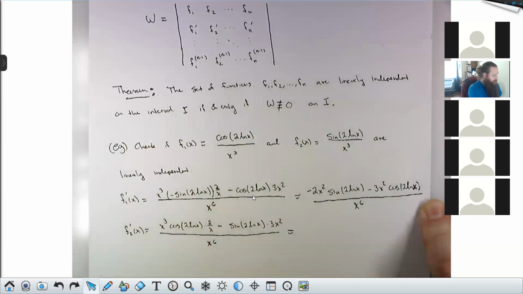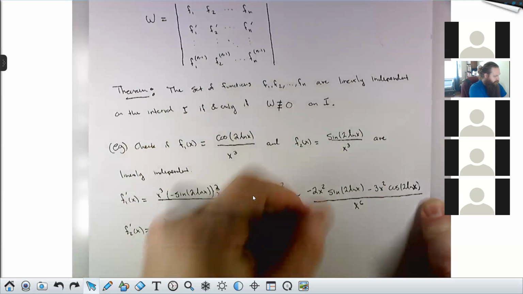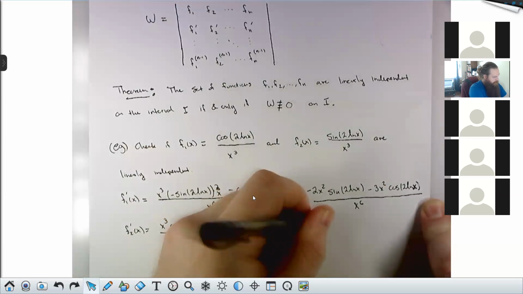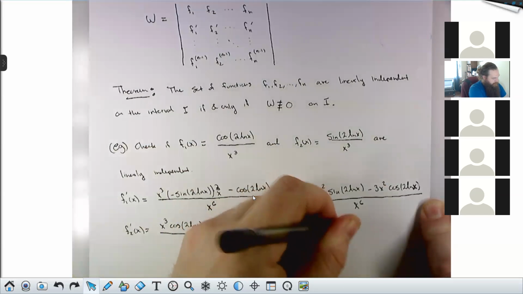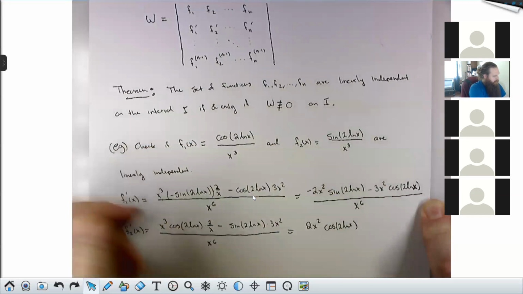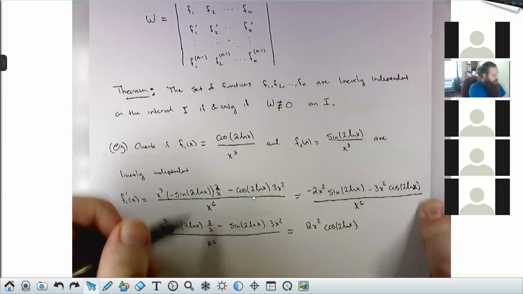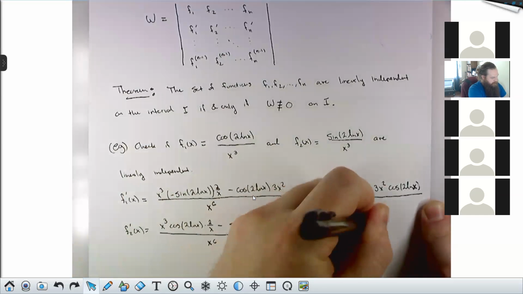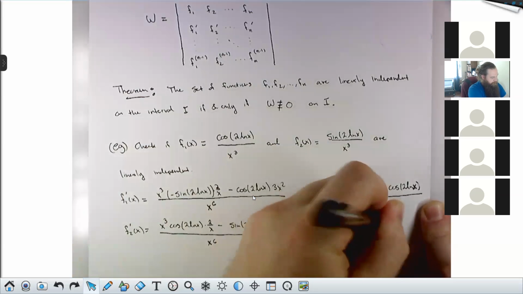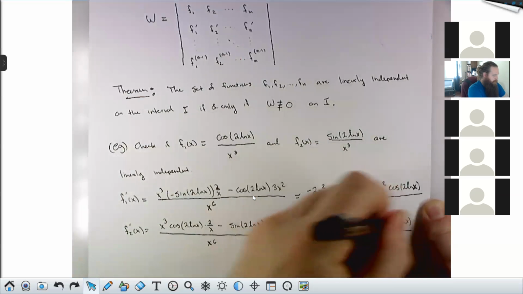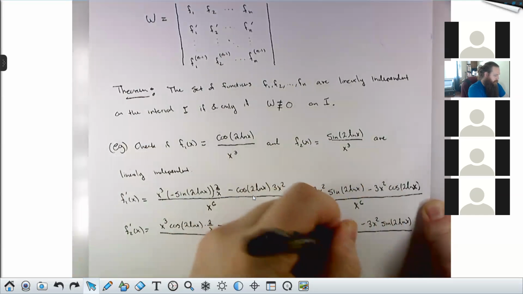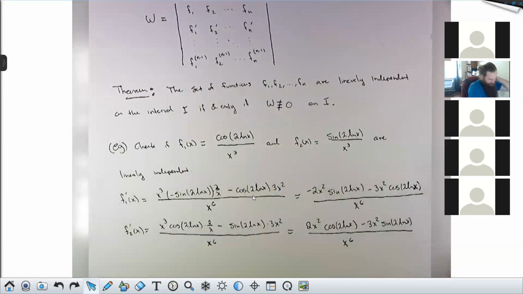I'll factor and cancel what I can in the next step. Same sort of thing here. Between the x cubed and the 2 over x, this will be 2x squared cos 2 ln x minus 3x squared sine 2 ln x, all over x to the 6.